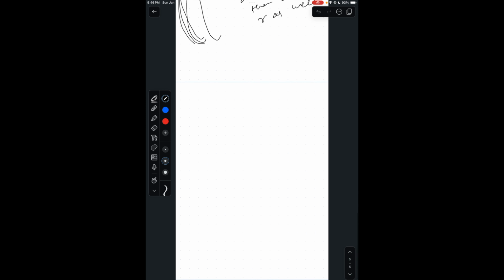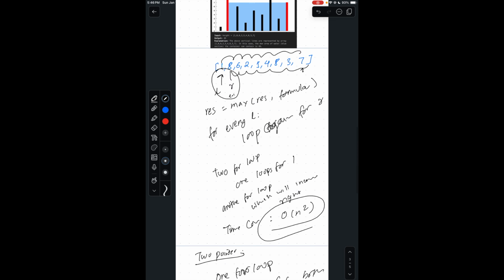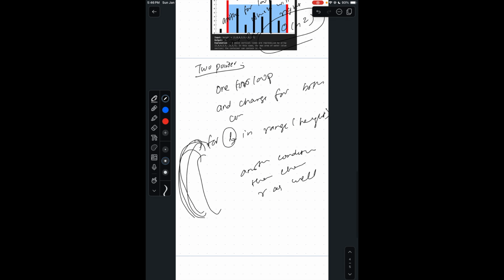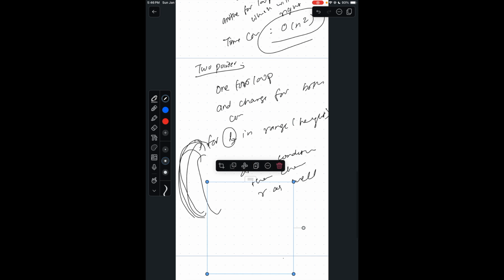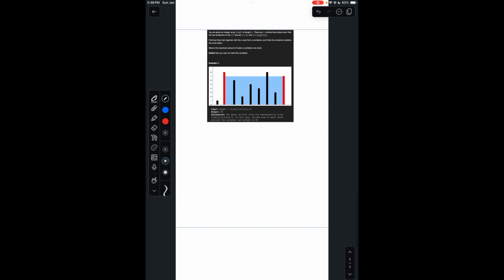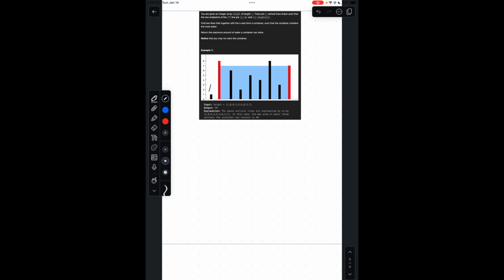But how can we use this technique to find this answer? Let's look at the image again. What we can do is keep a left pointer over here and keep a right pointer over here. How can we get the maximum value?